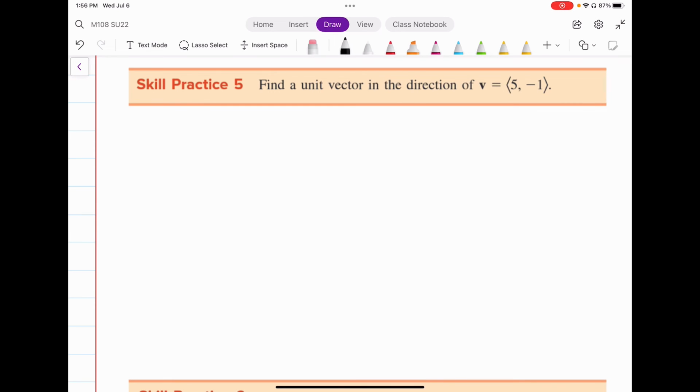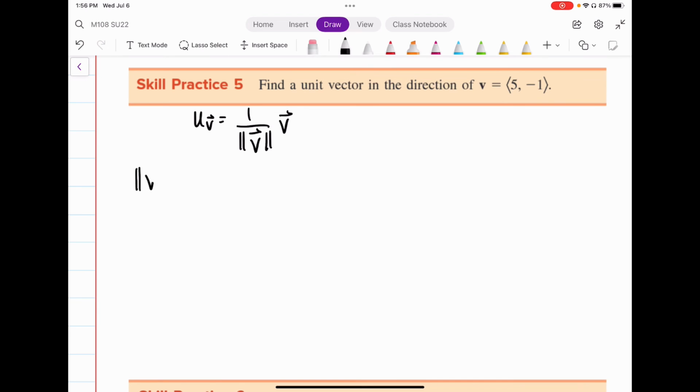We want to find the unit vector in the direction of vector v equals 5, negative 1. First, I need to find the magnitude because remember, a unit vector is equal to 1 over the magnitude of that vector times the vector.